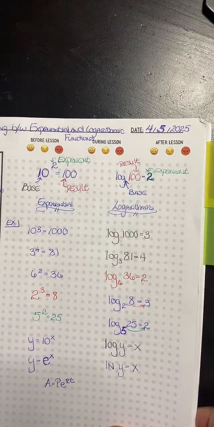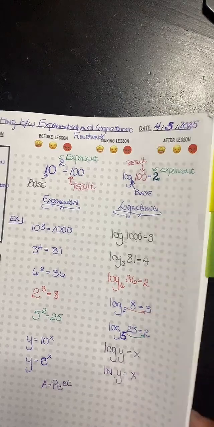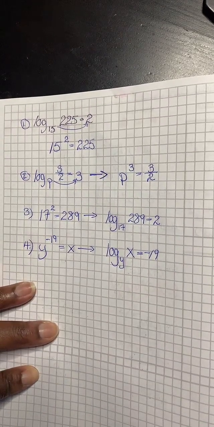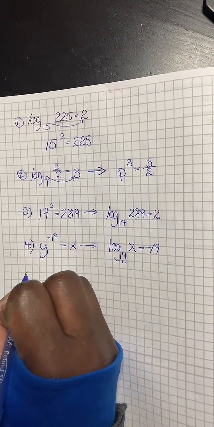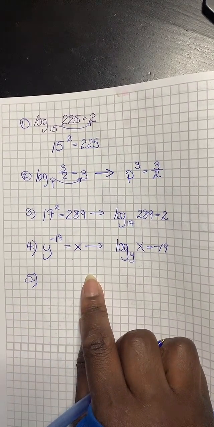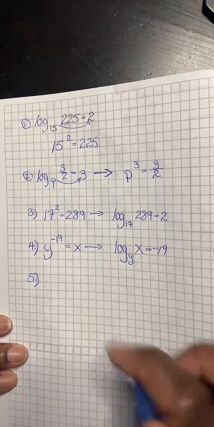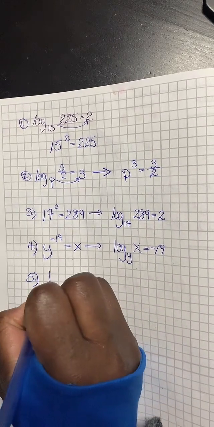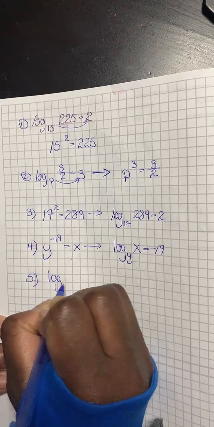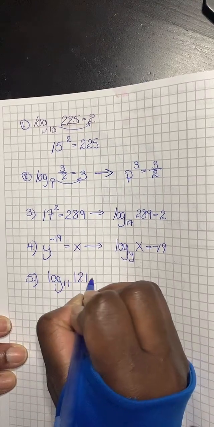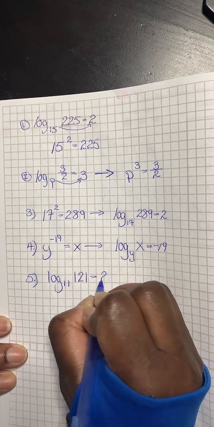All right. Sure. I will do one more. Let's see. And then we can go into evaluating, which will carry over what we're just doing here. So if I have, let me do this one. So I have the log base 11 of 121 equals 2.